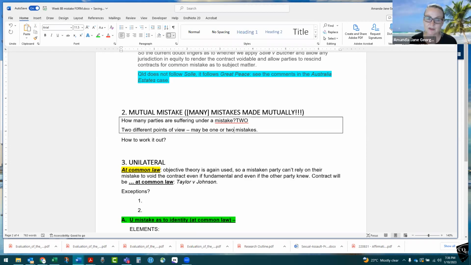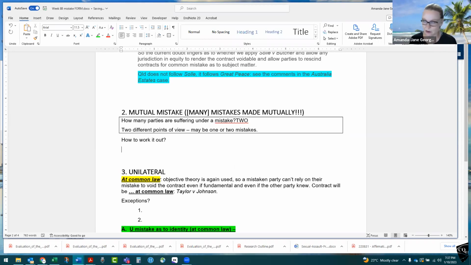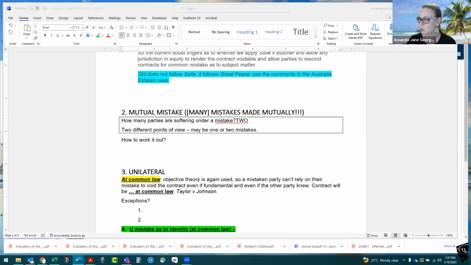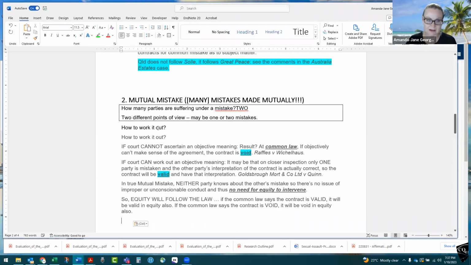That's right. So it might be one mistake that's been made only, and the other person is correct in their interpretation of the contract, or they might be both mistaken, or you can't tell. Okay, so what's the classic case here? What's the classic case in this area of the law? Raffles and Wigglehouse. Raffles and Wigglehouse.